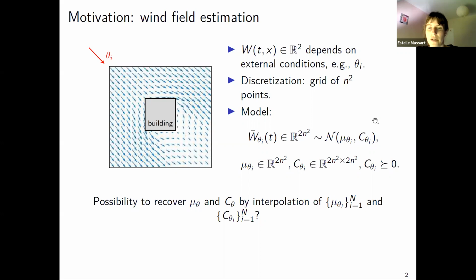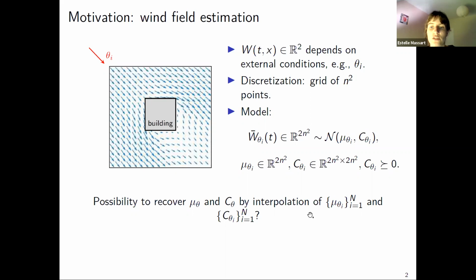So they were trying to interpolate those values, so pre-compute a grid of known parameter values, so a grid of mu and a grid of covariance matrices for different values of theta, and then recover intermediary values of the mean and covariance matrices for intermediary values of theta by just interpolation of those grid of points.